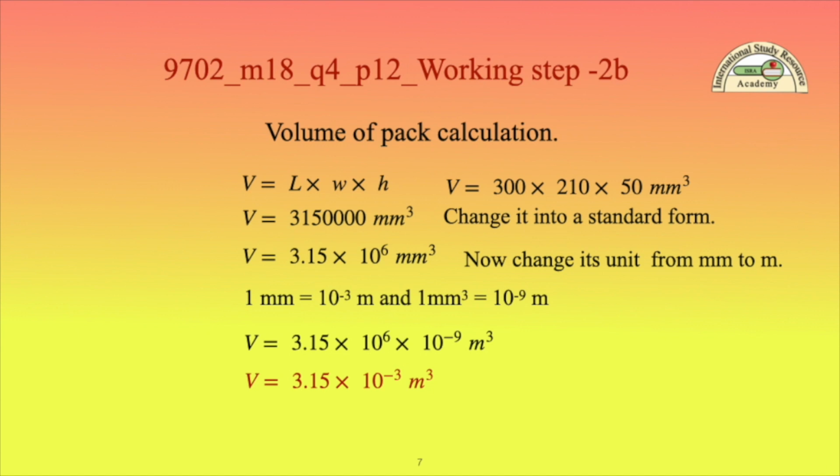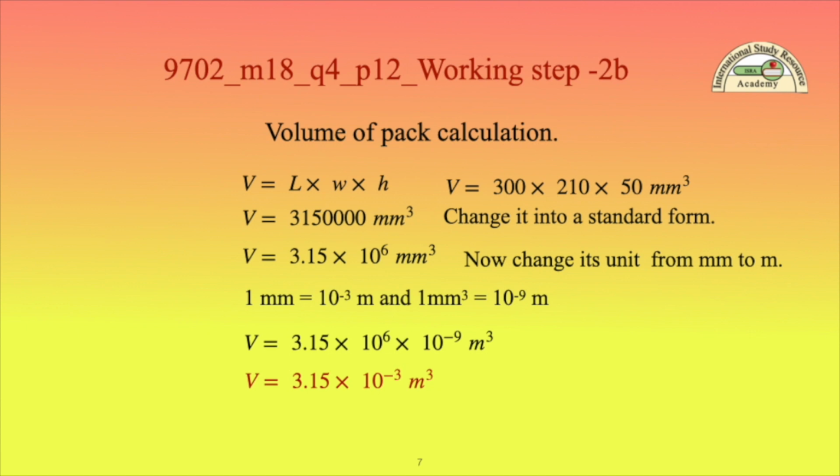Change it into a standard form. Volume V is equal to 3.15 times 10 raised to the power 6 millimeter cube. Now change its unit from millimeter to meter. 1 millimeter is equal to 10 raised to the power minus 3 meter, and 1 millimeter cube is equal to 10 raised to the power minus 9 meter cube.